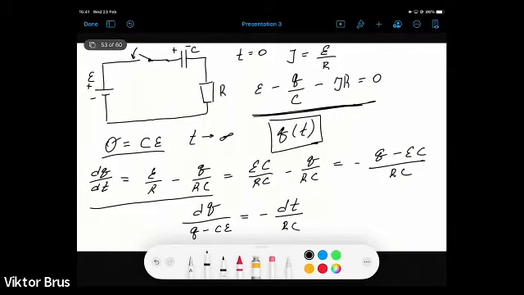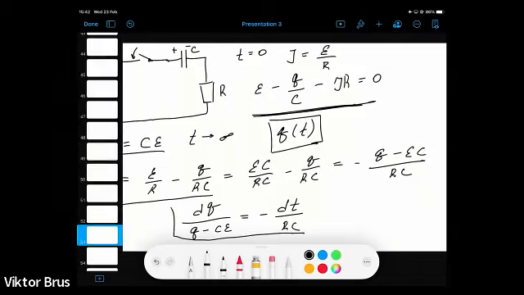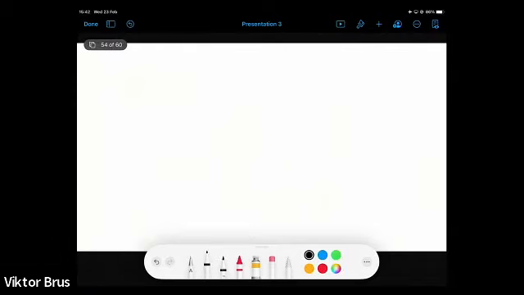So that is our final form for the differential equation, which we will now integrate on the left and right side and get the function q as a function of t. So let us write down this equation on the next slide. So it is dq over q minus c epsilon is equal to minus 1 over RC times dt.